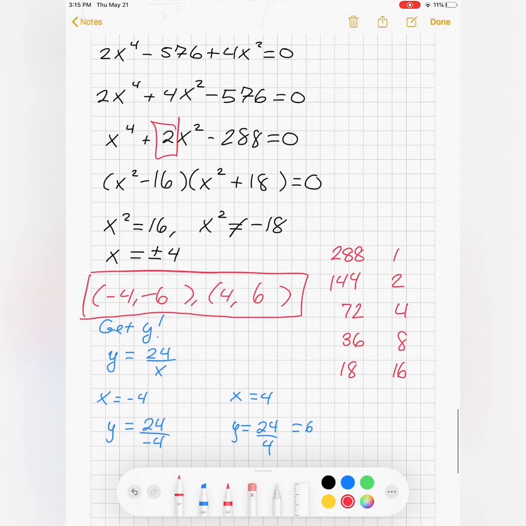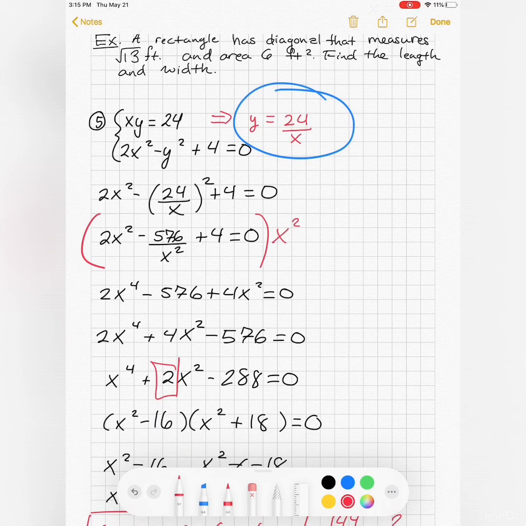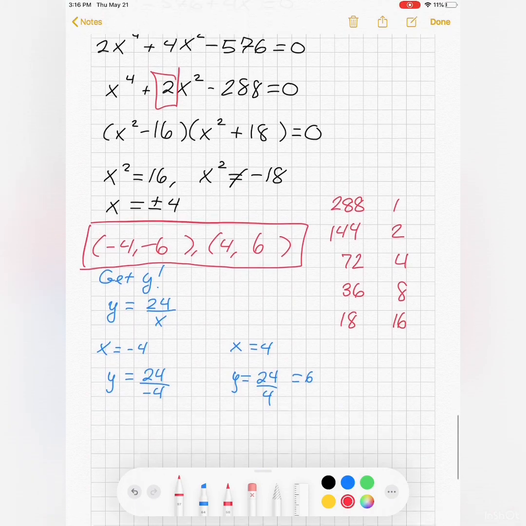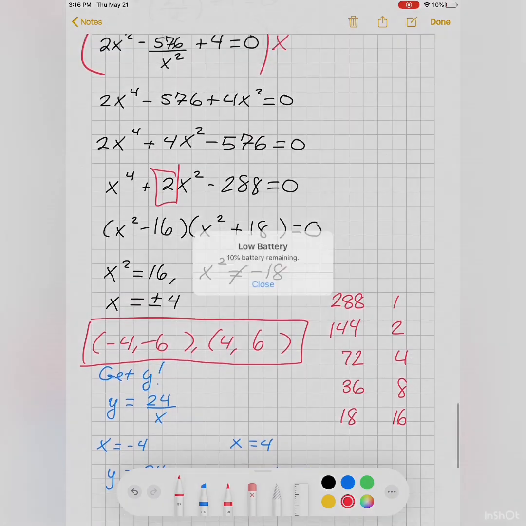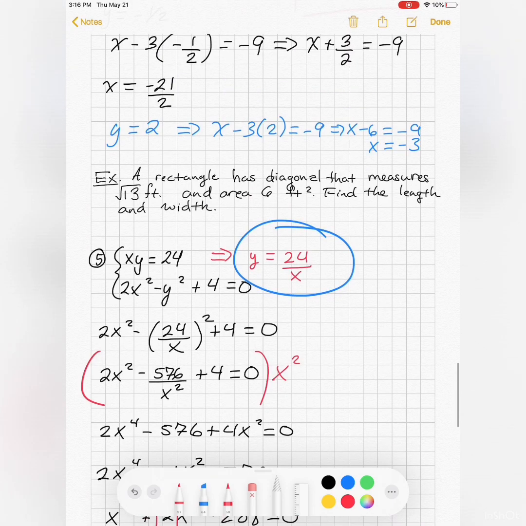Let me just think about the graphs for a second here. I didn't draw a graph yet. I'm kind of curious what I'm dealing with, and I bet I can figure that out pretty easily.